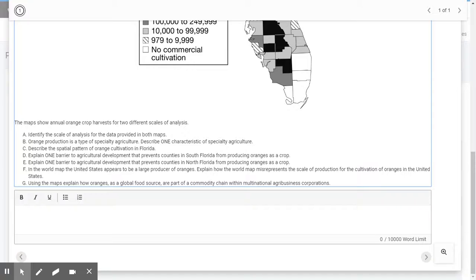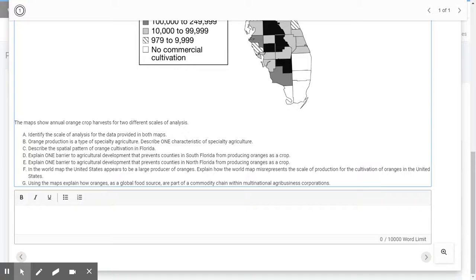Part B, orange production is a type of specialty agriculture. Describe one characteristic of specialty agriculture. So you could say specialty agriculture refers to monoculture, the production of one crop. If you want to be specific, for Florida, you could say production of fruits, vegetables, plants, things like that.